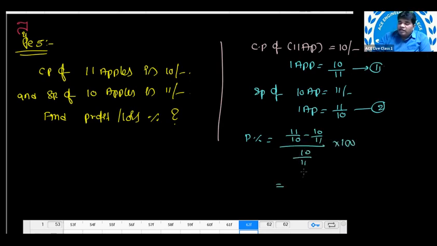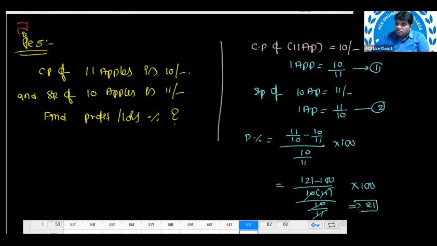Here, 11 by 10, LCM 121 minus 100, upon 10 into 11, upon 10 by 11. 11 and 11 cancel, into 100. Then what is the answer? 21.